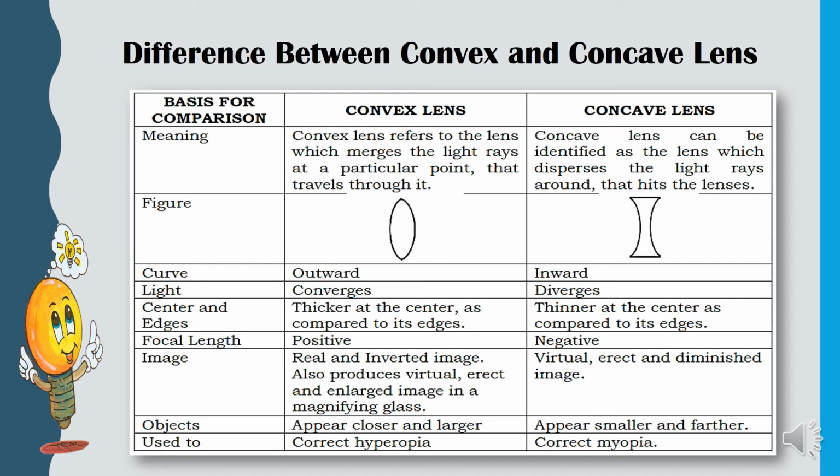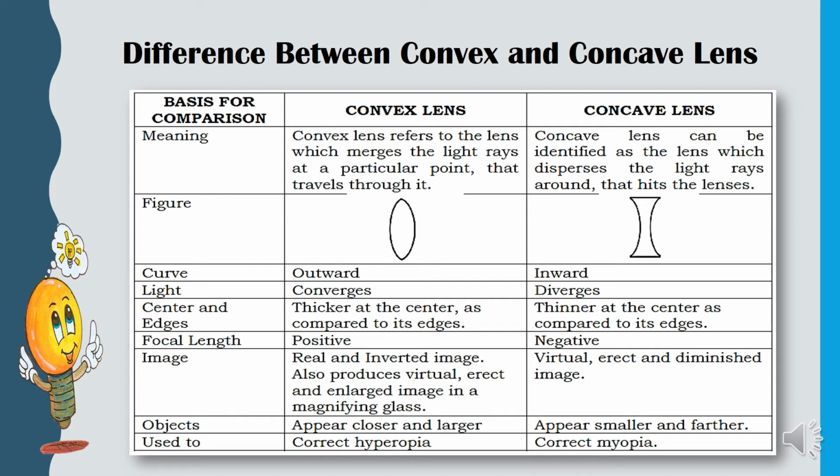In terms of the behavior of light rays, in convex lens, the refracted rays converge at the focal point, thus it is also termed as converging lens. On the other hand, in concave lens, the refracted rays diverge or spread out, thus it is also termed as diverging lens.